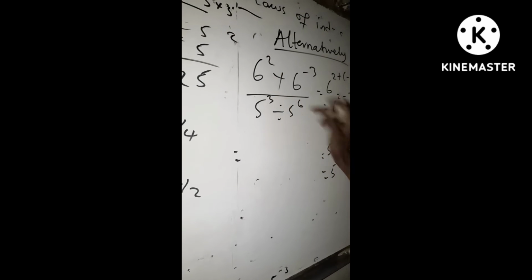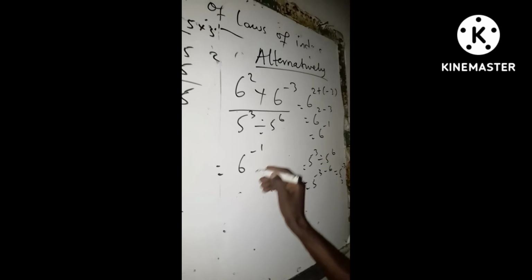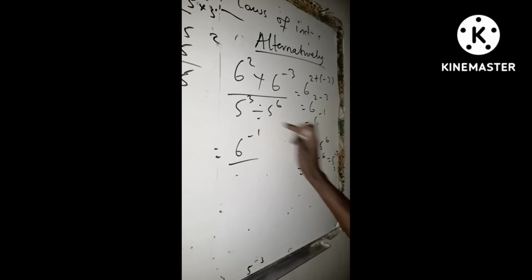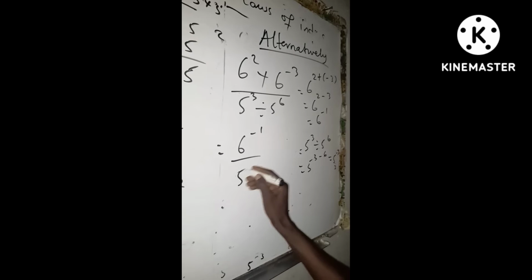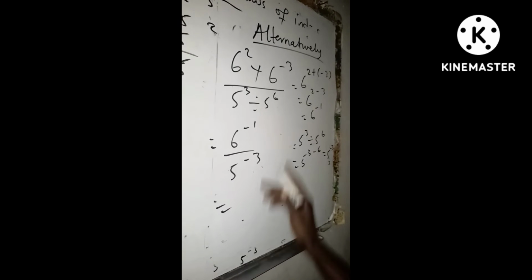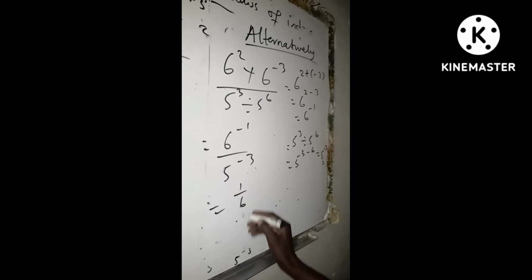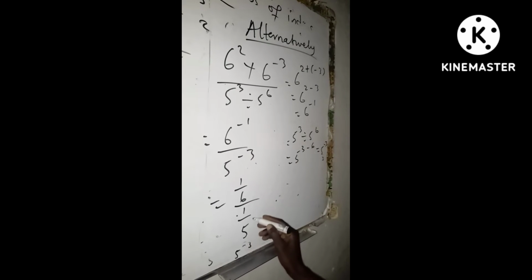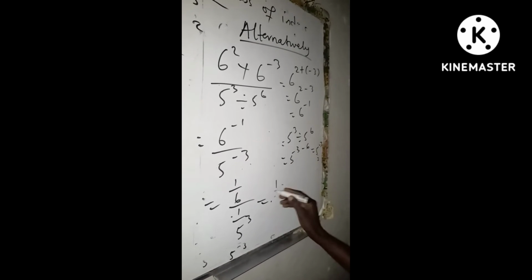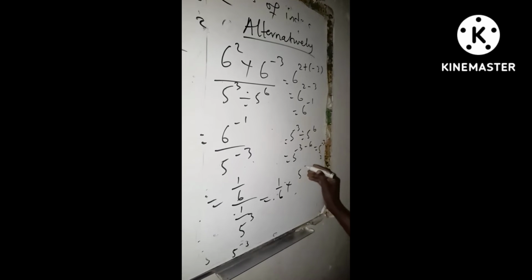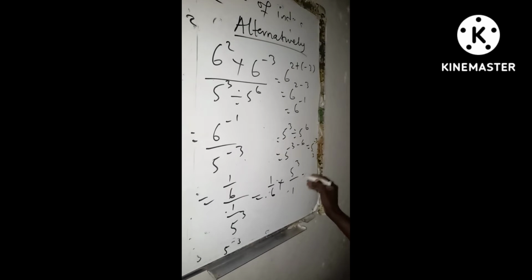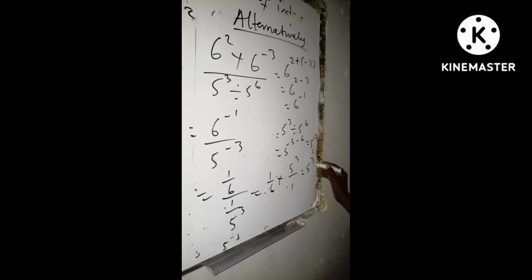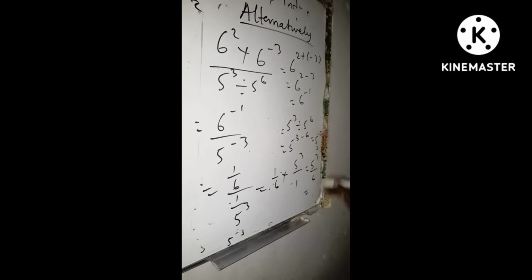So I have 6 raised to the power minus 1 over 5 raised to the power minus 3, which is written as 1 over 6 over 1 over 5 raised to the power 3, which is 1 over 6 times 5 raised to the power 3 over 1. That is 5 raised to the power 3 over 6.